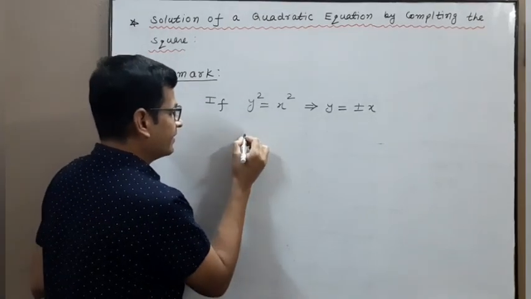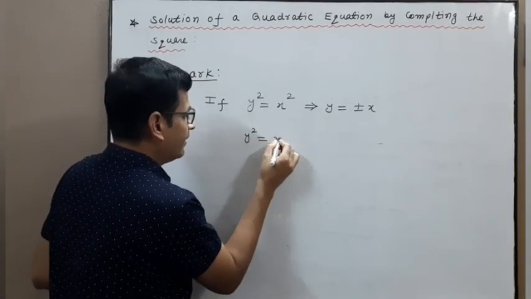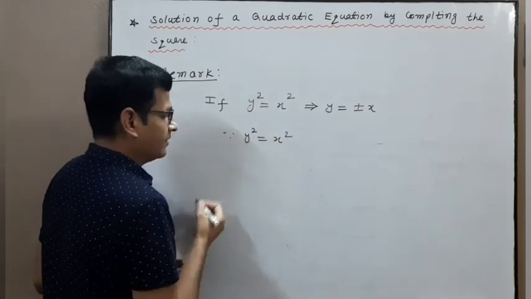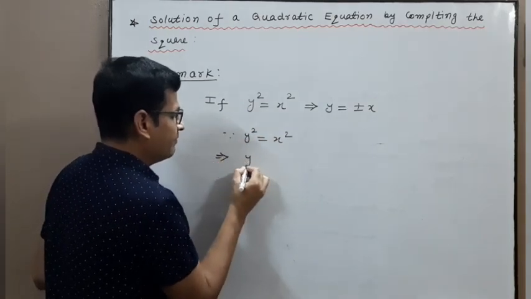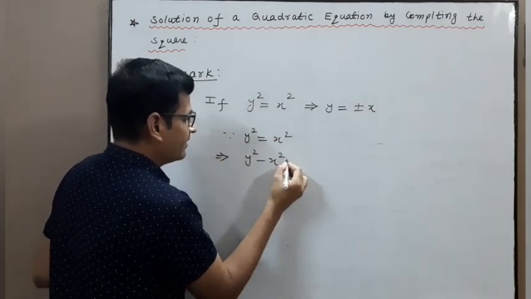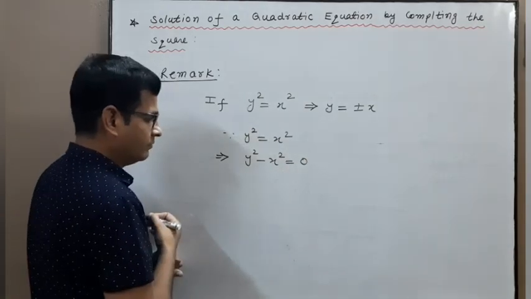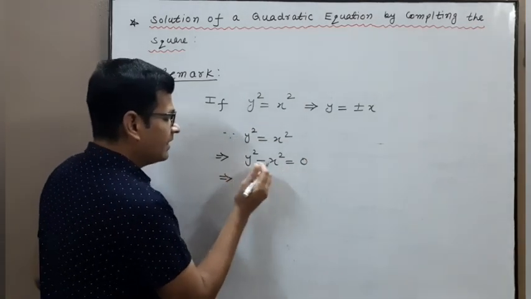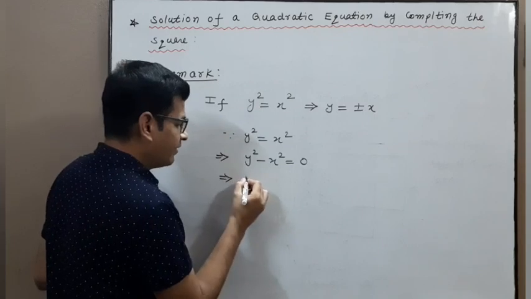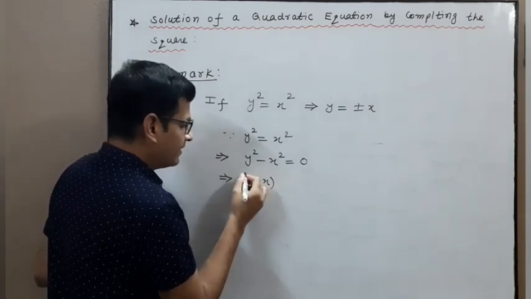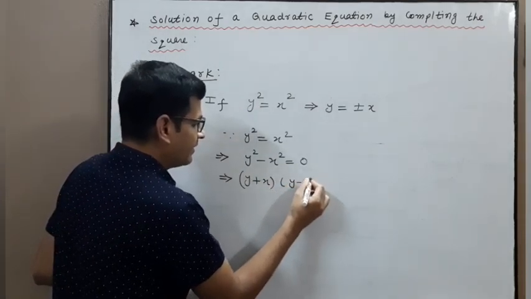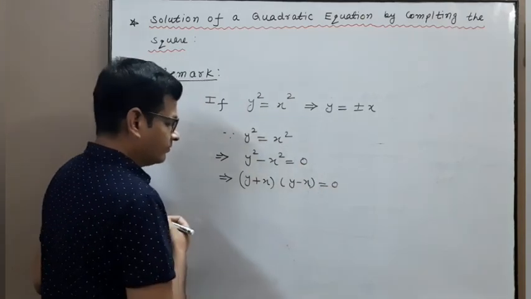Now the proof of this. y square equals x square implies we can write y square minus x square equals 0. Now this will look like a square minus b square. So write the factors of this. y plus x into y minus x equals 0.